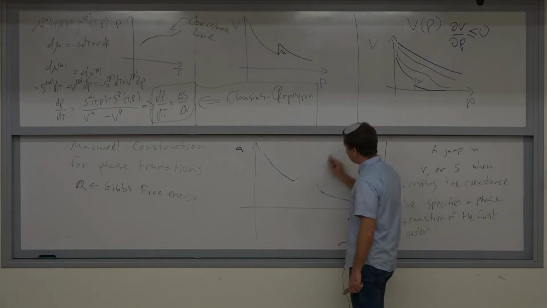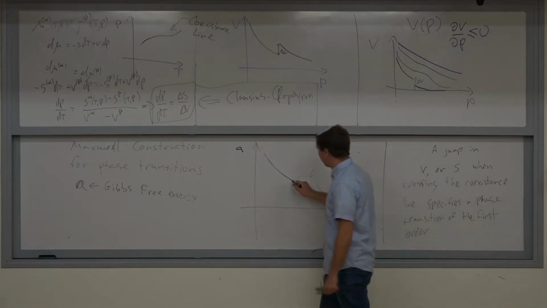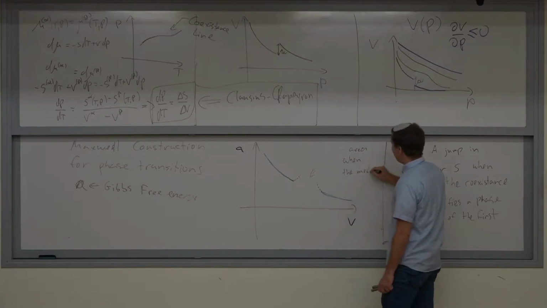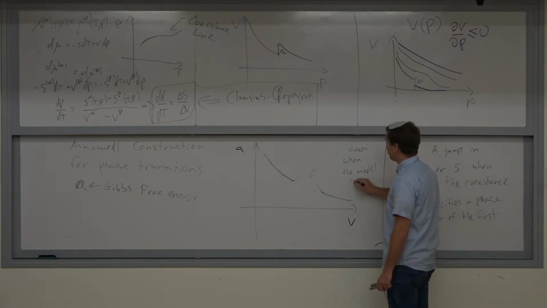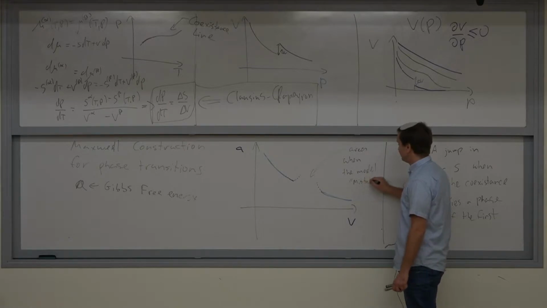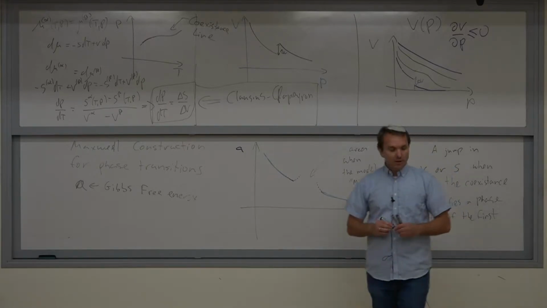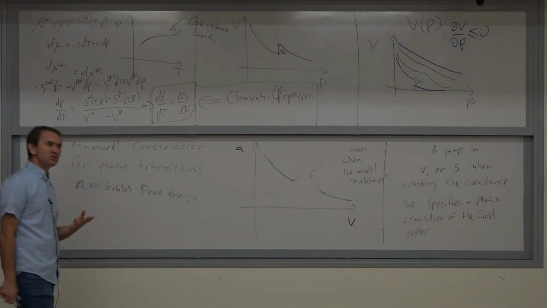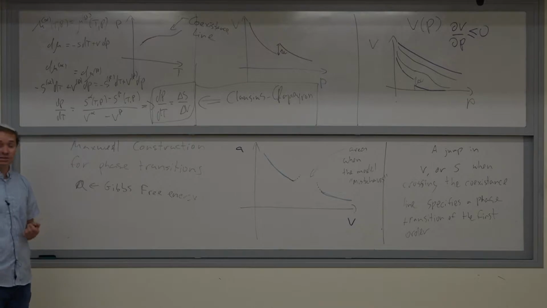Basically, in this area, the model misbehaves. What I mean by misbehaves is that it produces specific behavior which is not consistent with stability criteria, for example.